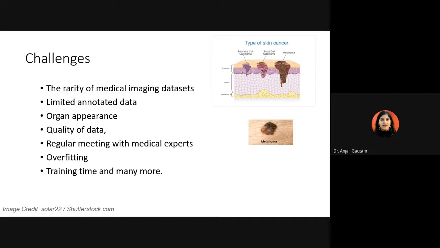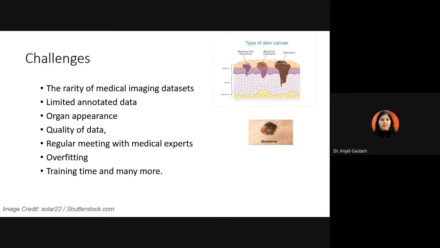You can see one picture shown here of different types of skin cancer like squamous cell carcinoma, basal cell carcinoma and melanoma. Melanoma means when it has reached into the dermis. So as a human you can see that this is the region where the problem exists, so you can mark the ground truth.